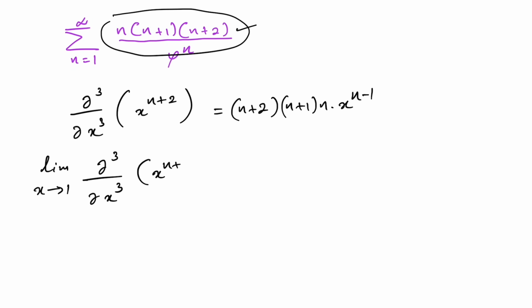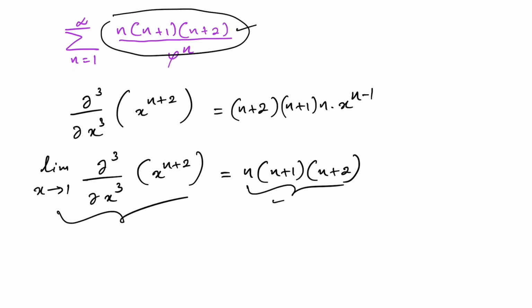is equal to, since x is 1, (n+1) times (n+2). So instead of this part, now we have a limit.